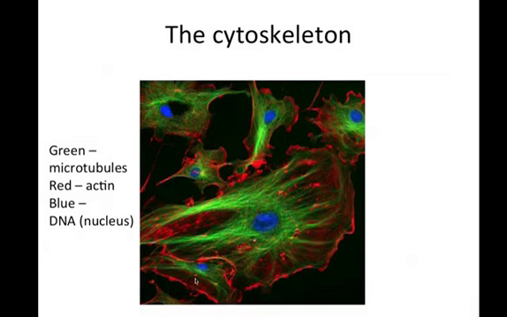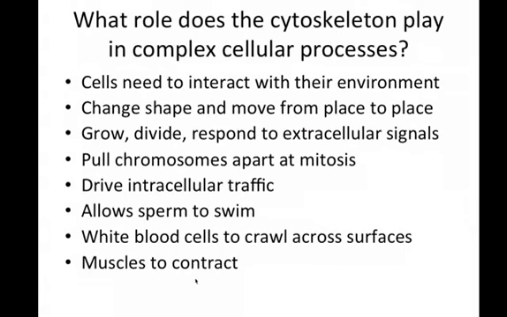Okay. So cytoskeleton. So this is showing blue DAPI, DNA, green microtubules, and here the actin is stained in red, and you can see it along the edge of the cell. Okay, so what role does the cytoskeleton play in complex cellular processes?